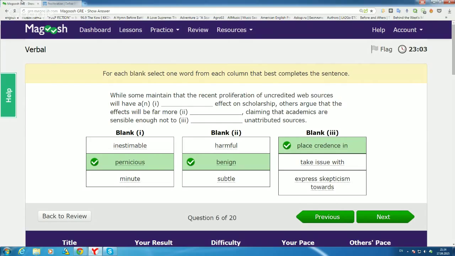So believing that academics are, what does that mean, academics? Academics are people that look for sources.